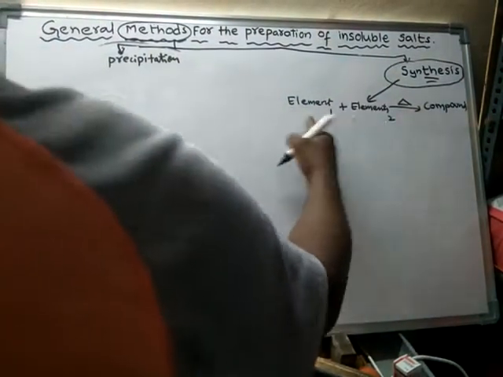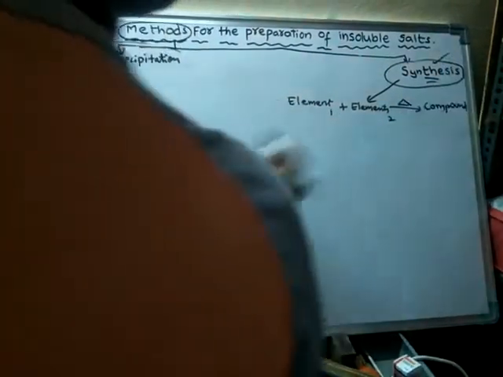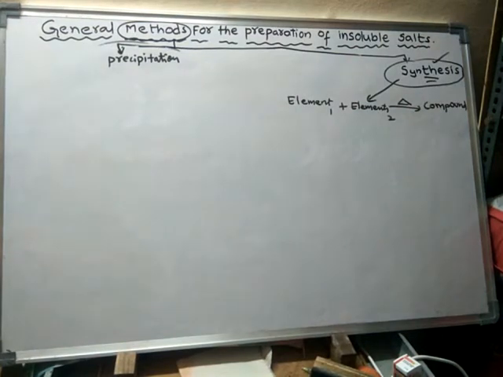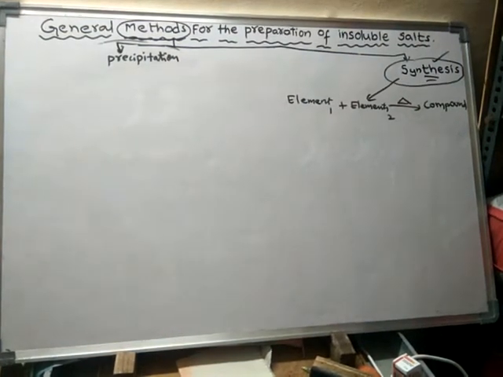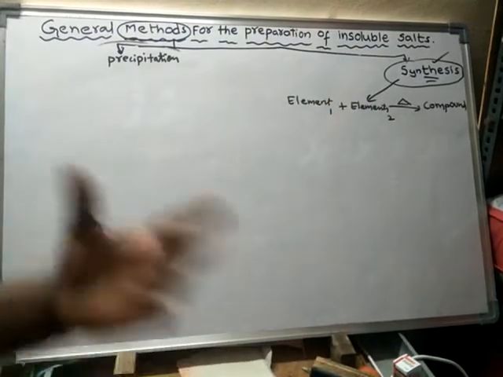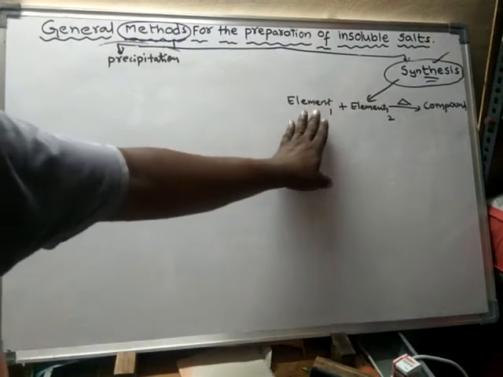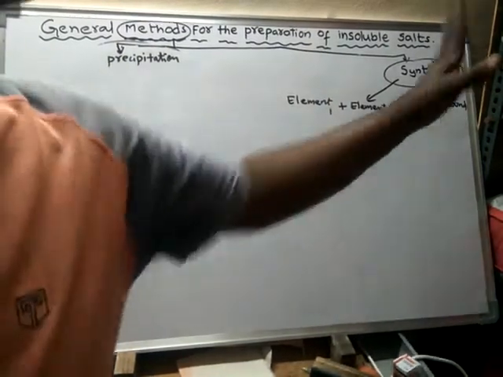When elements combine to form a compound, such reactions are called combination or synthesis reactions. So a synthesis reaction is a special type of combination reaction where different elements combine to form a compound.